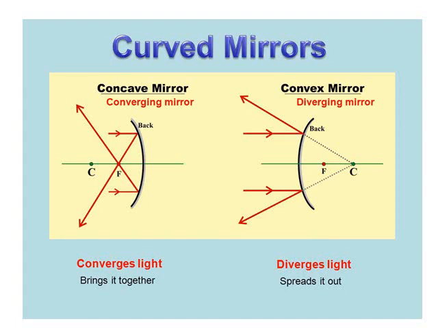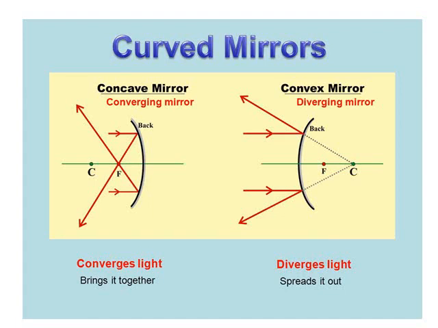So when a ray of light falls on the converging mirror, which is also called a concave mirror, it is so called because parallel beams of light converge at a point called focus or principal focus, and that's why a concave mirror is also called a converging mirror.